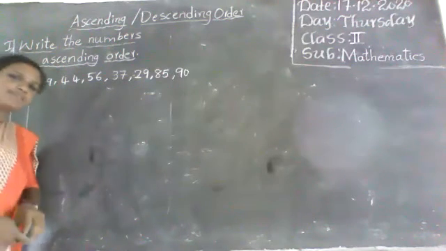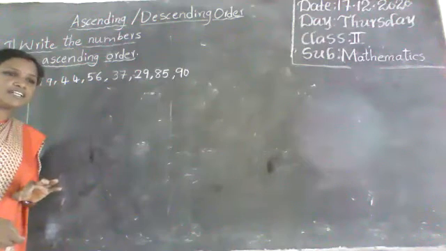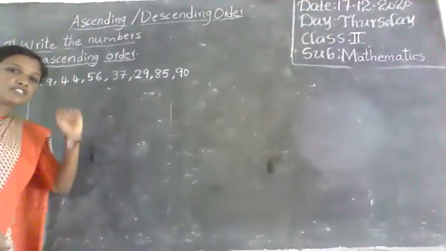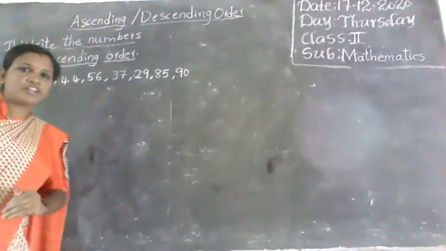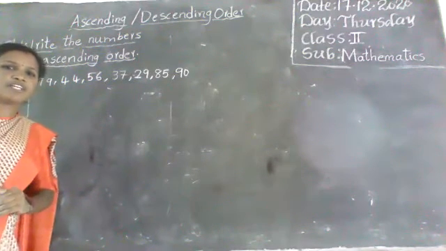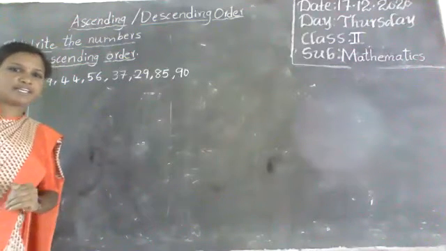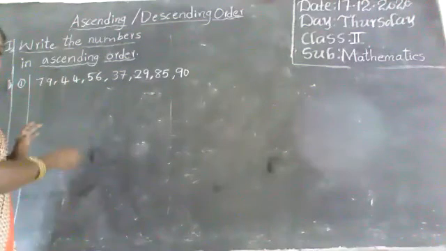Okay, what is meant by ascending order? In ascending order, we arrange the numbers from smallest to biggest. Smallest to biggest. Okay, let us see here.